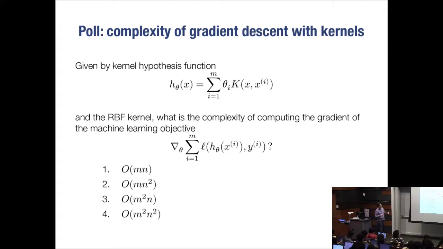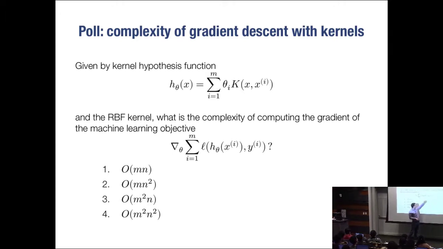So poll number 2. If we have this function and an RBF kernel, what is the complexity of computing the gradient for the machine learning objective here? It's actually independent of what the actual loss is, I'm telling you. I have my objective here, right? I want to minimize the sum of losses between my data points and their corresponding output.